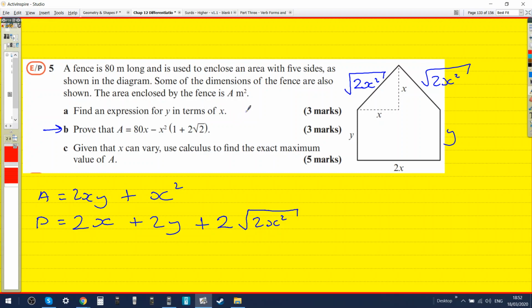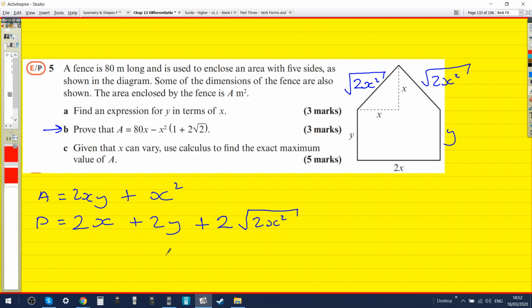A better real exam question would force you to find y in terms of x only from the second equation, because technically you can find y in terms of p and x, so it's not the worst.